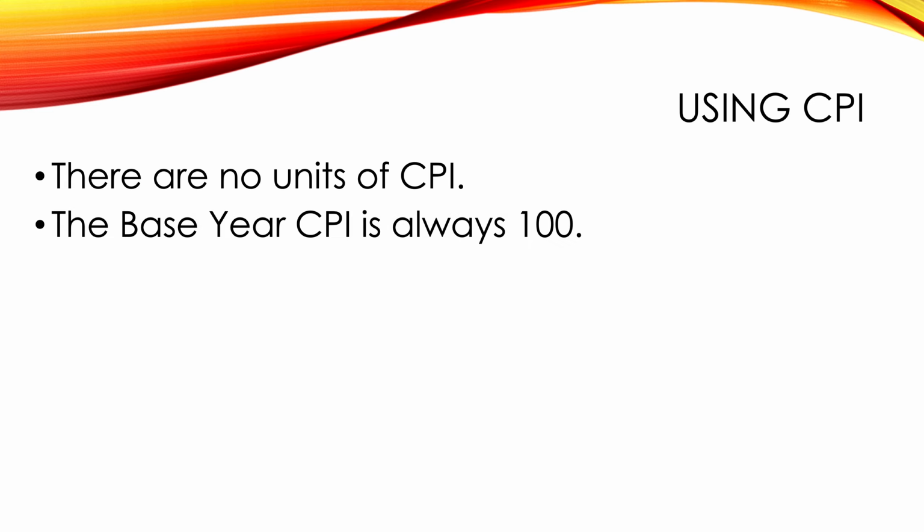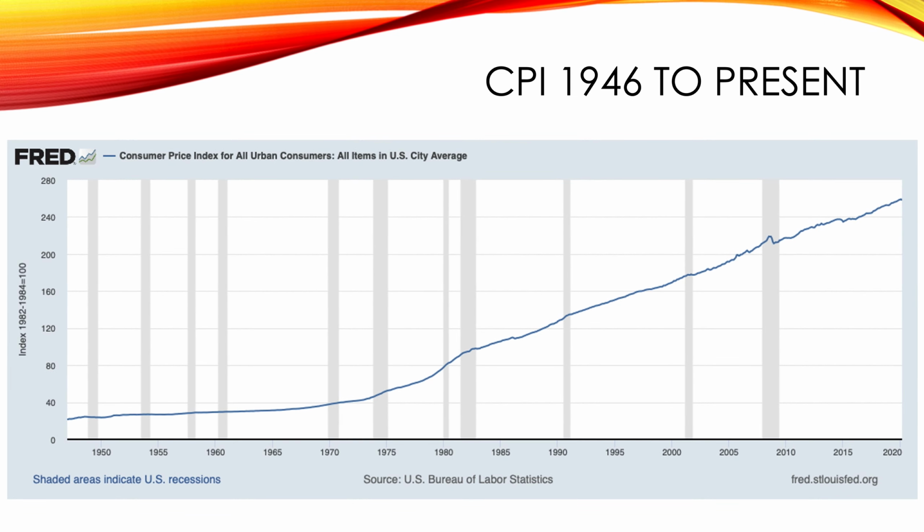And so when we have something called a base year, like we did with real GDP, the base year CPI is always 100. So if you look back at this graph that we have here, over here, index 1982 to 1984 equals 100. So the base year, they actually have multiple base years, is an average of the price level between 1982 and 1984, which puts us right about here.